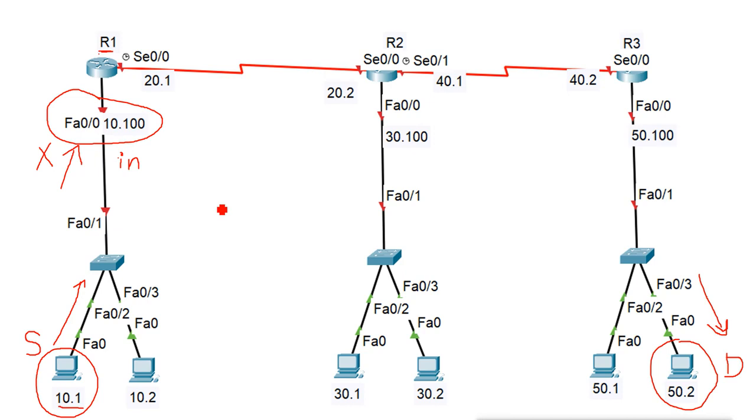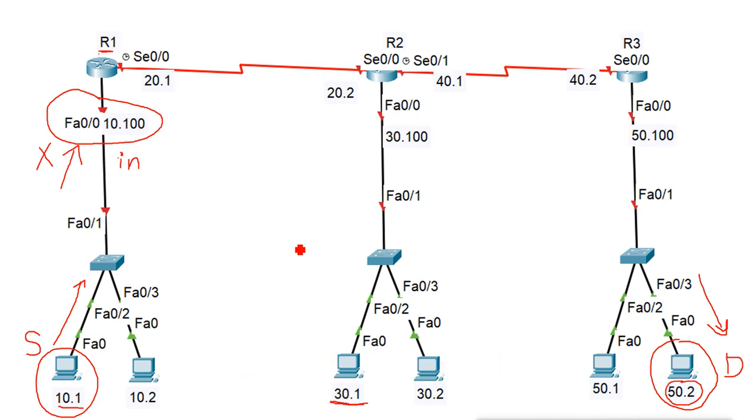The problem here is that we only want to block this 10.0.0.1 from accessing this 50.0.0.2. But what is happening here, if this client tries to access anywhere else, remember it is not accessing this 50.2, it does not want to go here, but it wants to go anywhere else.